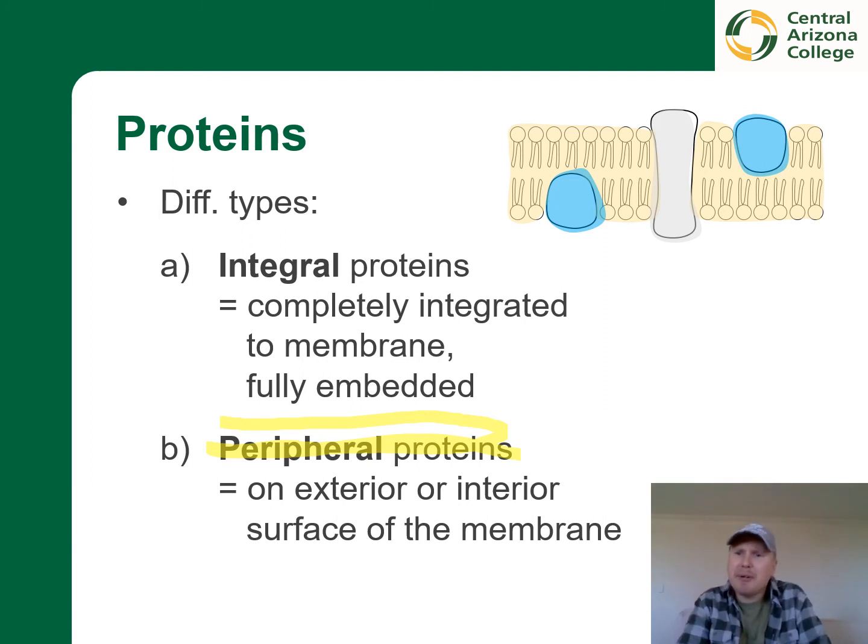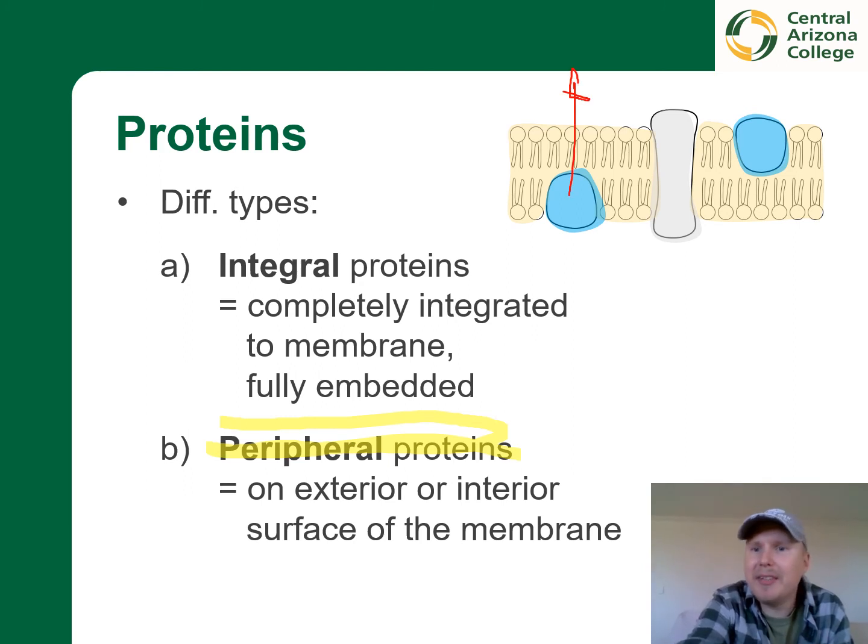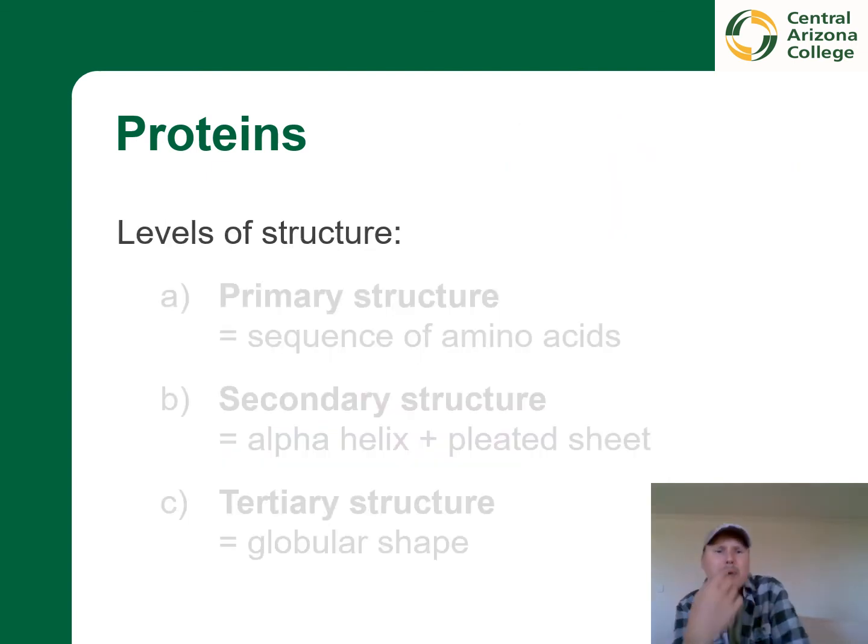One thing to remember here though is that none of these proteins are stationary like these pictures may seem to suggest. Instead, they are constantly moving and even flipping on the side on which they might be located. Proteins can be also studied at various different levels of structure.